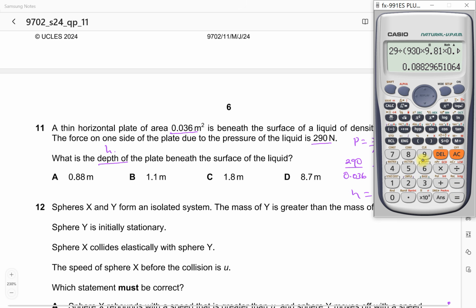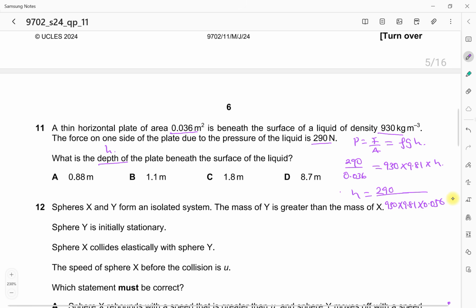Let me repeat this again. 290 divided by 930 times 9.81 times 0.036. So this is 0.88. So h is equal to 0.88. So the answer is going to be A.